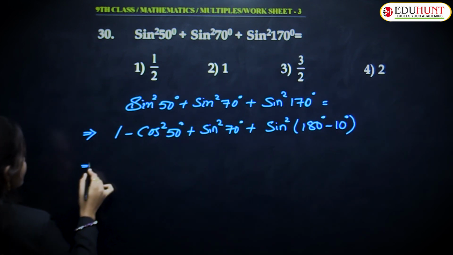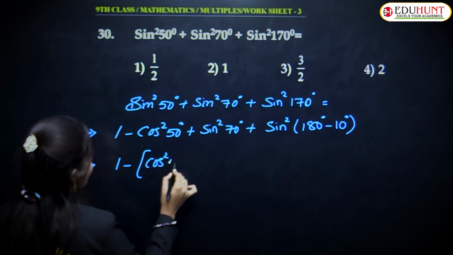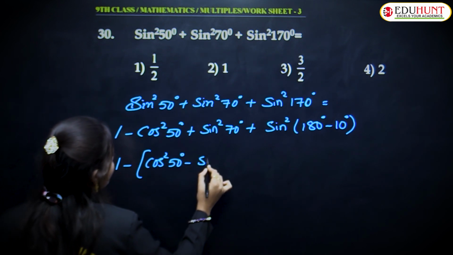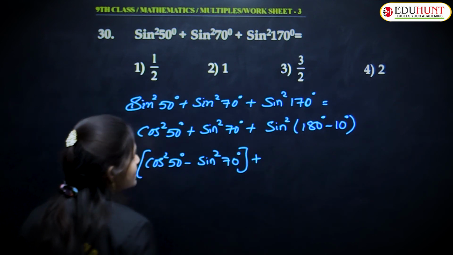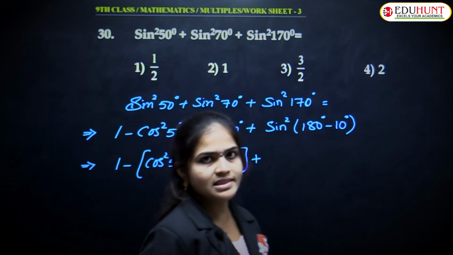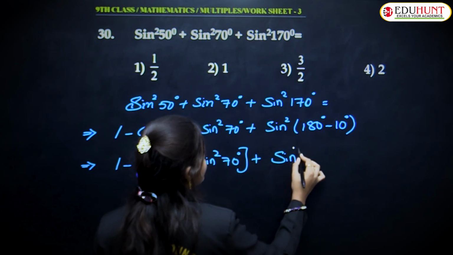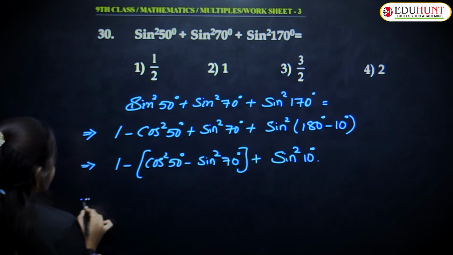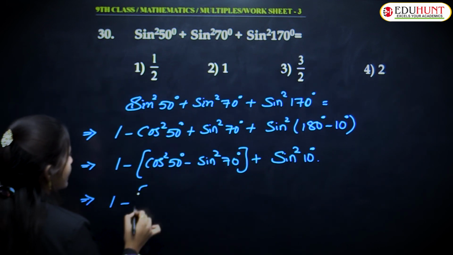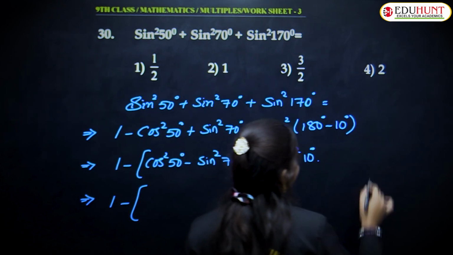Okay, so which is equal to 1 minus of cos square 50 degrees minus sine square 70 degrees, plus sine of 180 minus theta. So sine of 180 minus theta is sine theta, so sine square 10 degrees. Clear? So from this, 1 minus, again cos square A minus sine square B. So the cos square A minus sine square B formula, what is that?